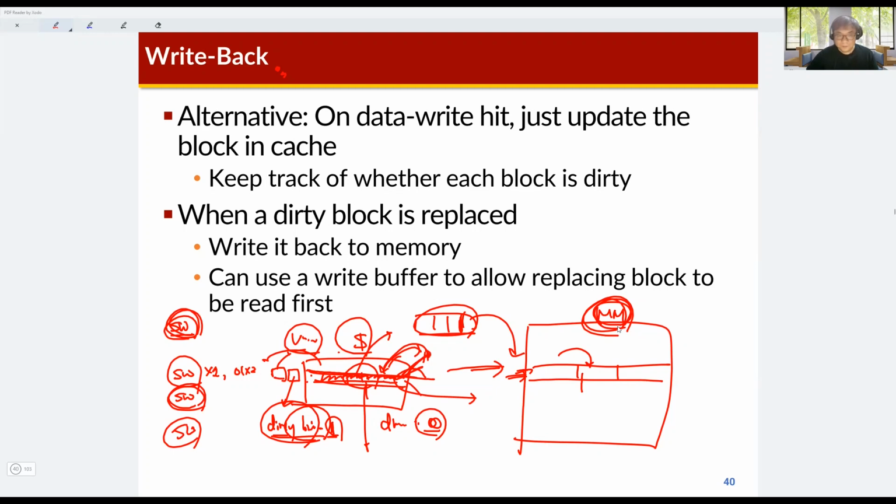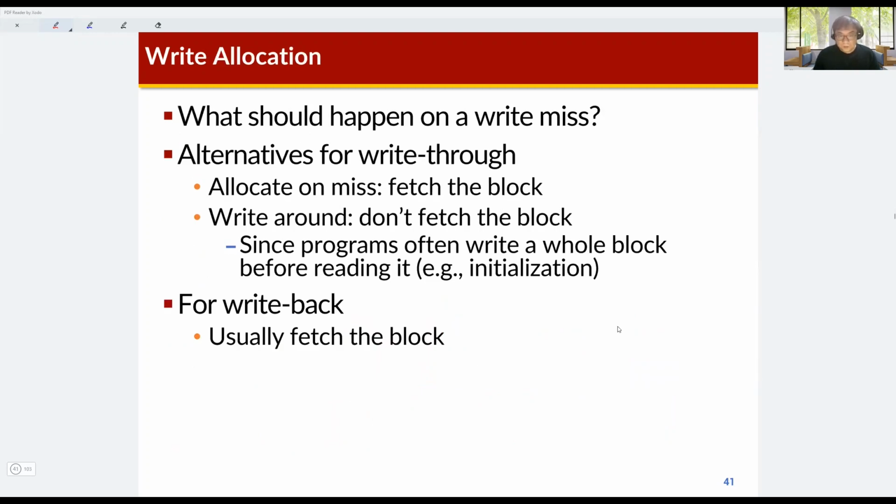Another write related operation is write allocation. Until now, we just learned about cache operation on a read miss. What is a read miss?